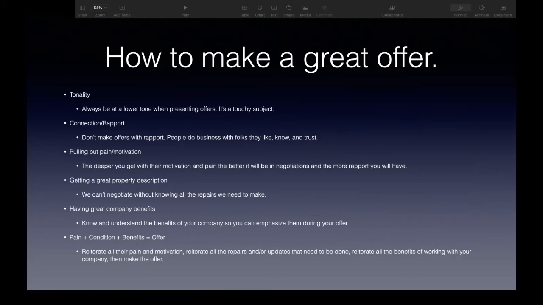Because the problem with the beginners is when you start to learn this stuff and you're trying to hit them with a script, it doesn't sound natural to yourself, and then they can tell. So you're going to come across as really scammy, and they're going to be in fear, and they're not going to do business with you. So for objection handlers, it's good to do practice, and more practice.